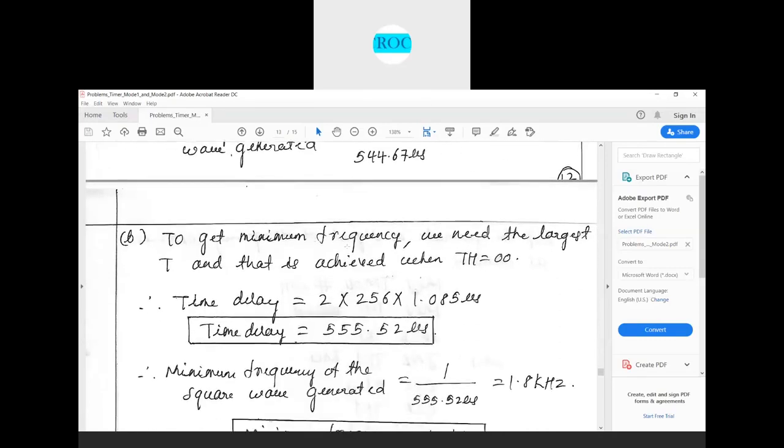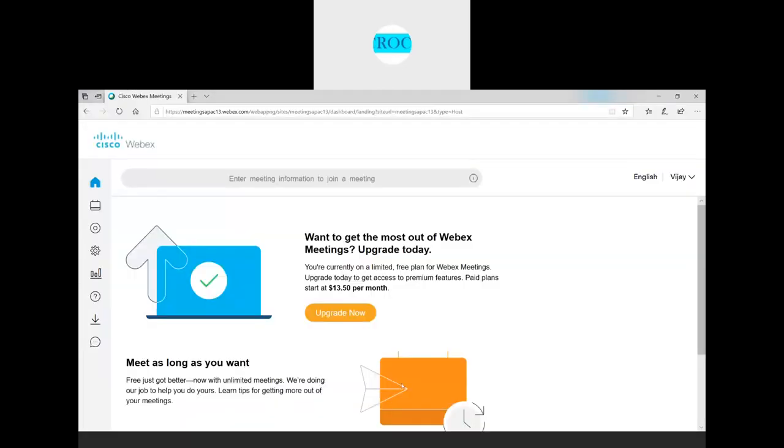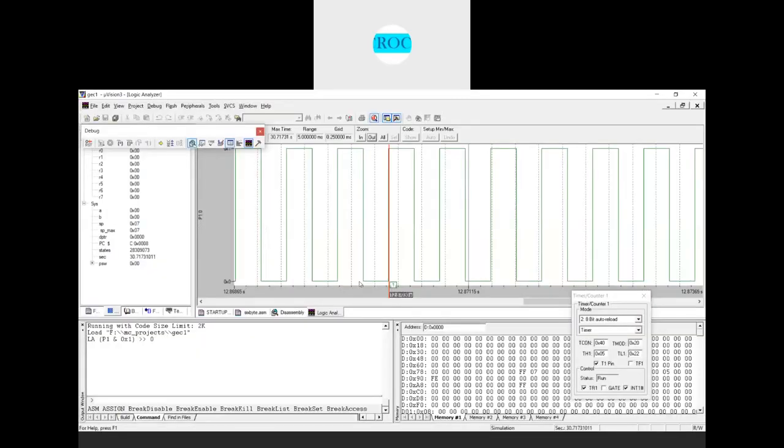Now, for the minimum frequency, what do we need to do here?